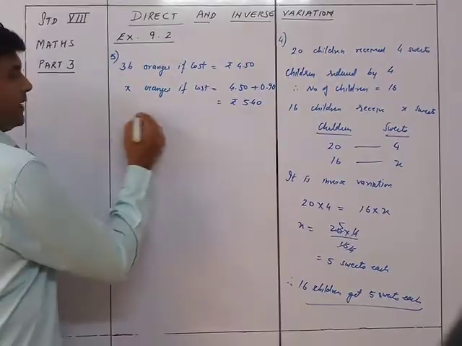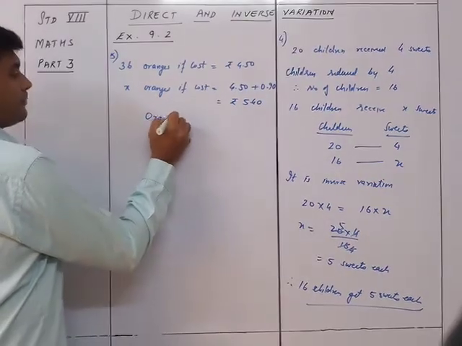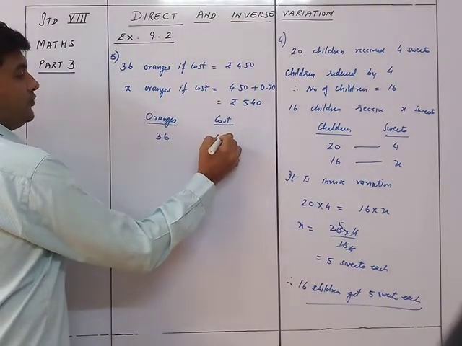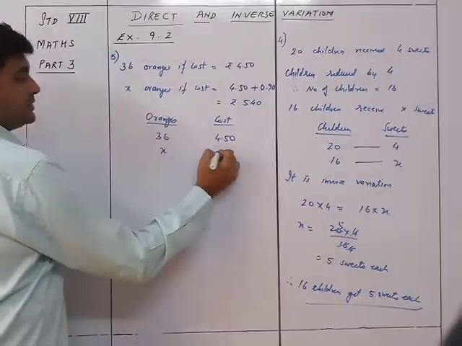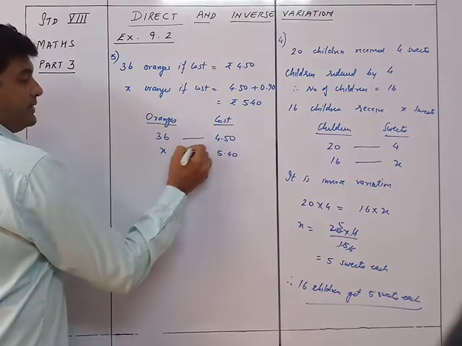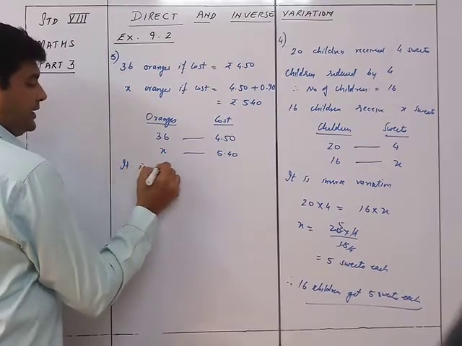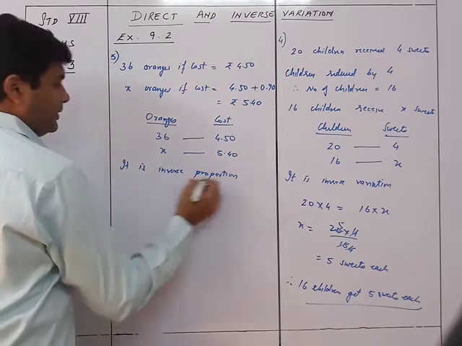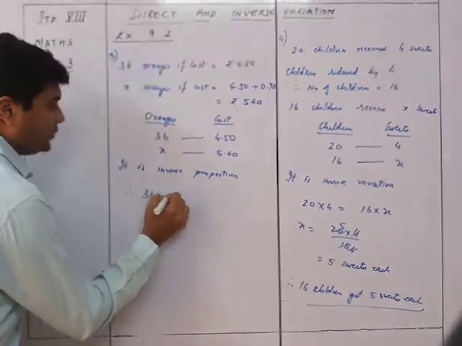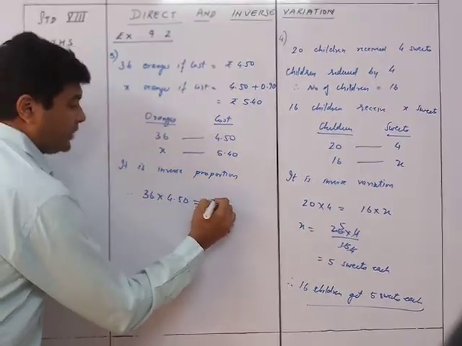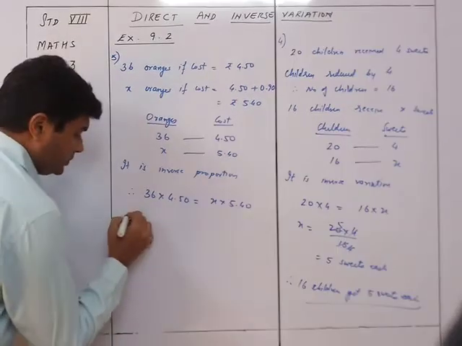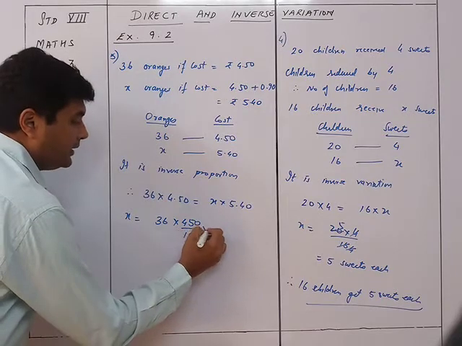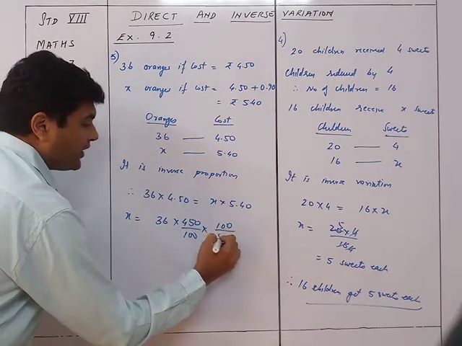So we have over here oranges and cost. 36, 4.50; x, 5.40. It is inverse proportion. Therefore 36 into 4.50 is equal to x into 5.40. So x is equal to 36 into 450 upon 100 into 100 upon 540.